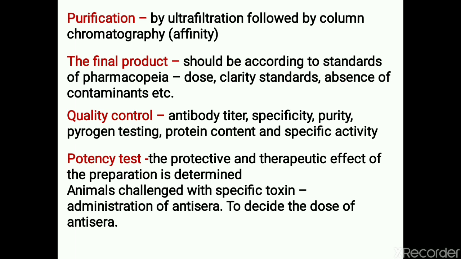The protective and therapeutic effect of the preparation is thus determined, in which the animals are challenged with specific toxin, and followed by this they are administered antisera, and the potential of this antisera for neutralization of toxin is then periodically observed depending on the development of symptoms in animals. This step is also essential to decide the dose of antisera.